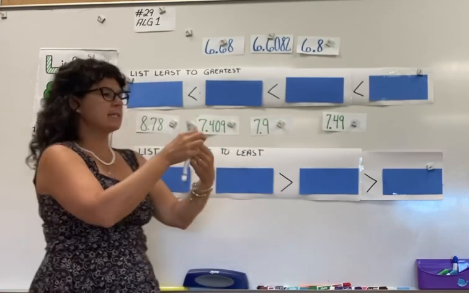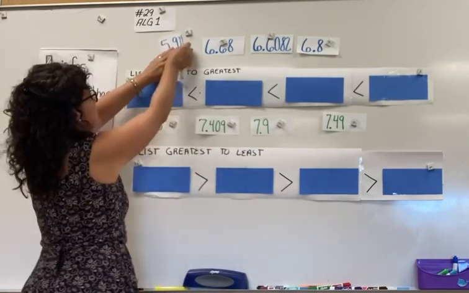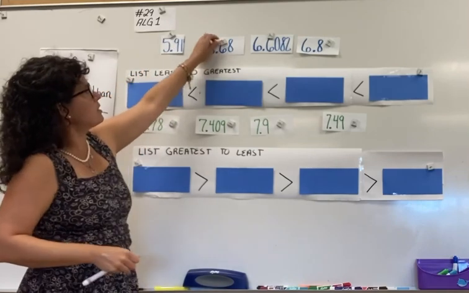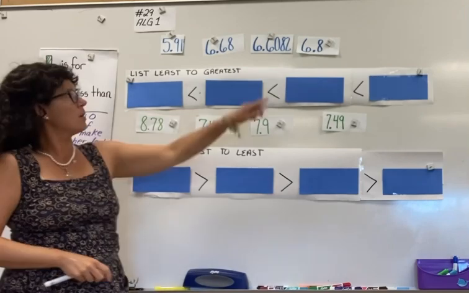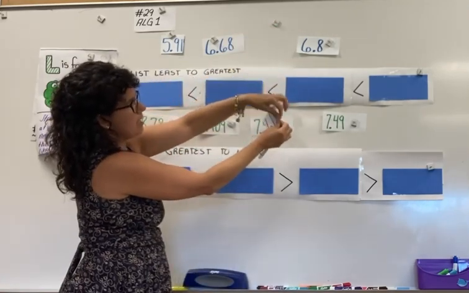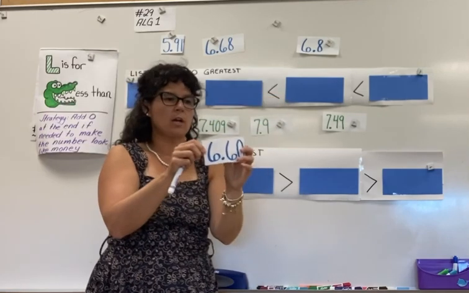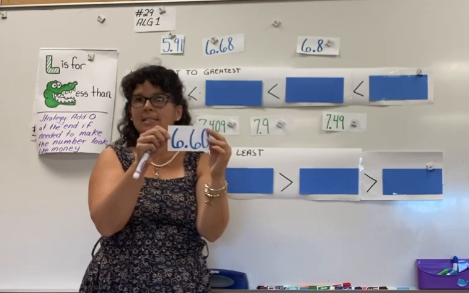So this one is now $5.91. Okay, this one already looks like money, so I'm good to go. This one, I'm going to fold that back and I'm going to ignore the extra 82. So this now looks like $6.60.